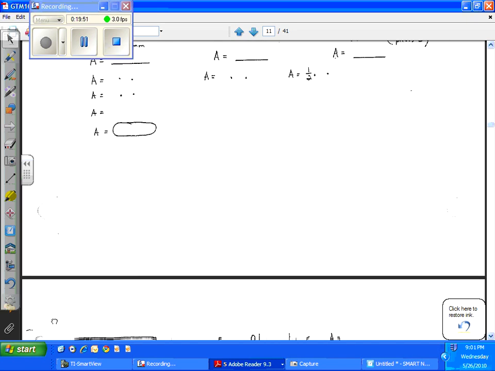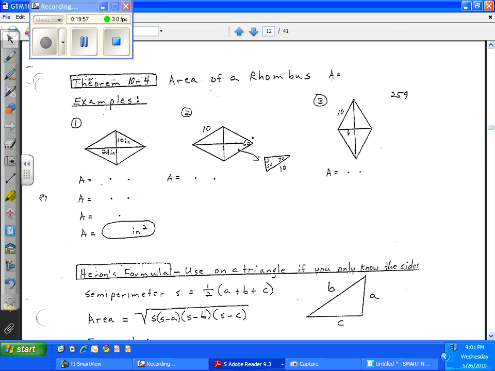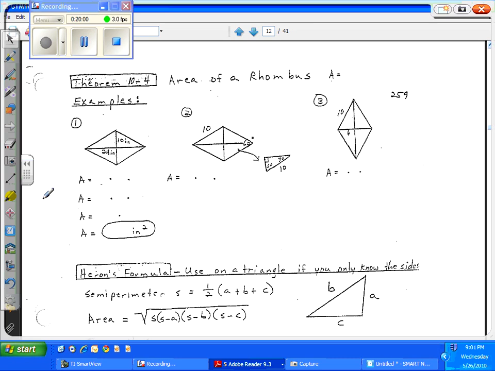All right. Theorem 10.4 is an area of a rhombus. The formula for every rhombus we discovered was 1/2 diagonal 1 times diagonal 2.